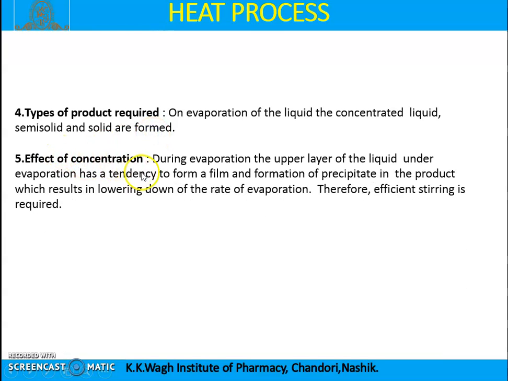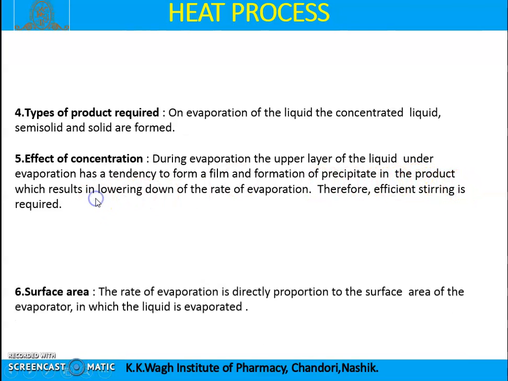Then, the effect of concentration. During the evaporation, the upper layer of the liquid under evaporation has a tendency to form a film and a precipitate in the product, which results in lowering the rate of evaporation. Therefore, efficient stirring is required.